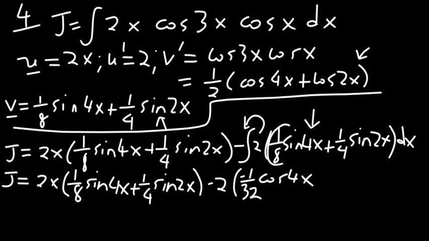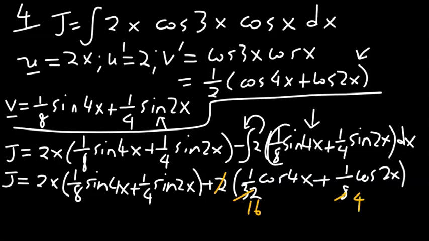And then for the second term, similarly, you have minus 1 over 8 cosine 2x. We note this minus will kill these two minuses, making them positive, like that. Also, this will make it a 16 here and a 4 there. Likewise, this would make this a 4 here and a 2 there.